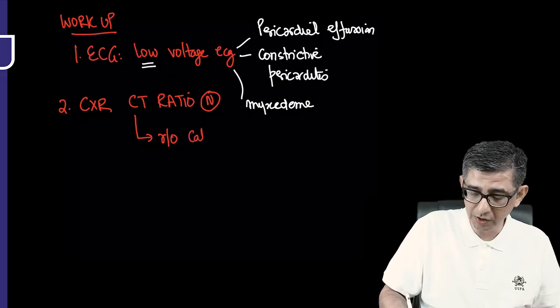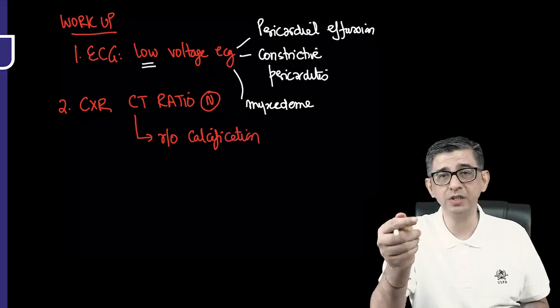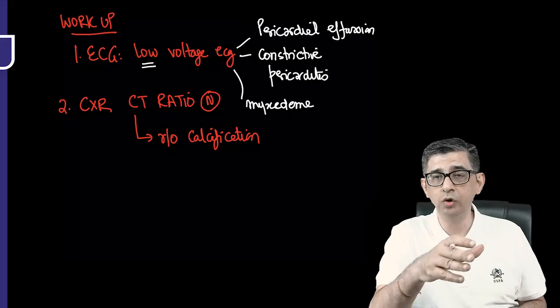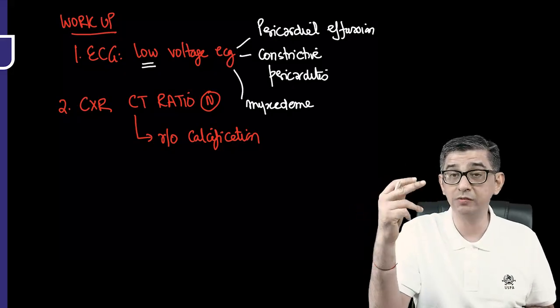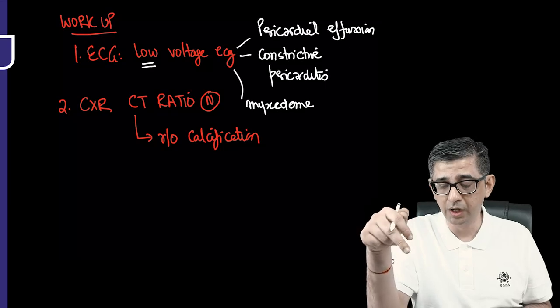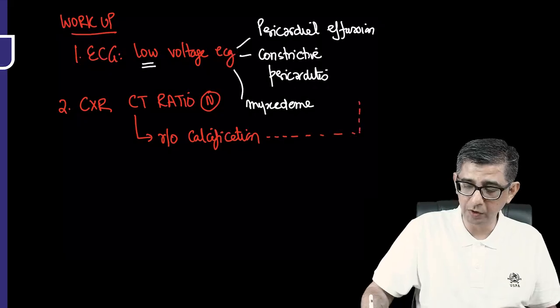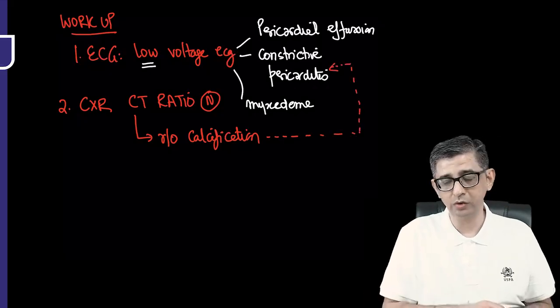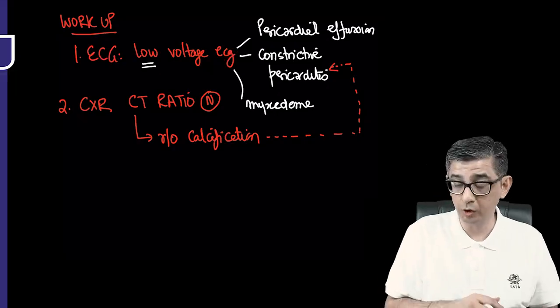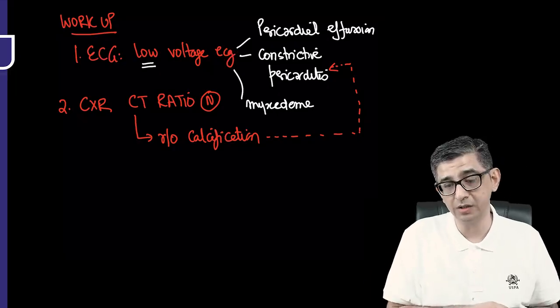Because in constrictive pericarditis, the clinical manifestations are the same as those of restrictive cardiomyopathy, I want to rule it out, because if there's a calcification around the heart, this calcification encountered in constrictive pericarditis can be visible on an X-ray.